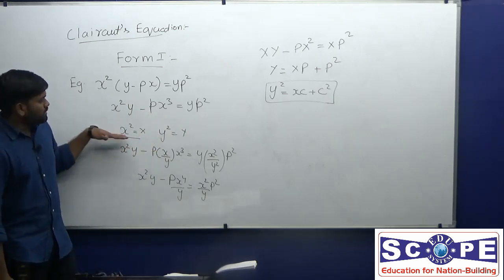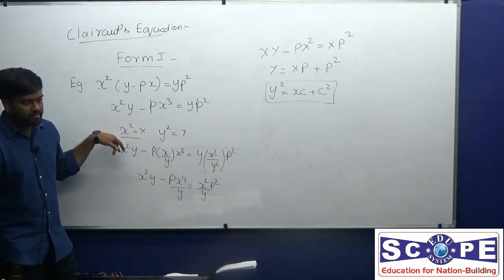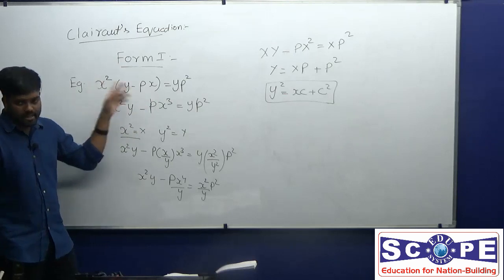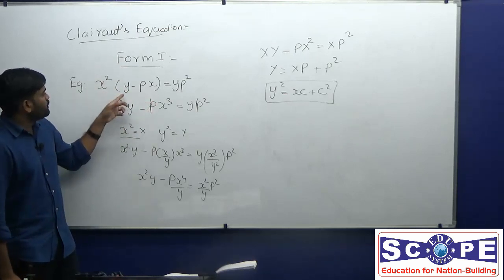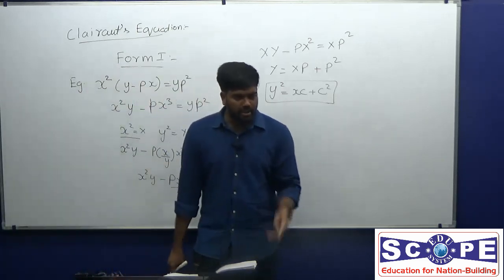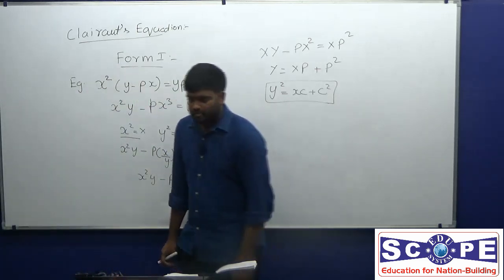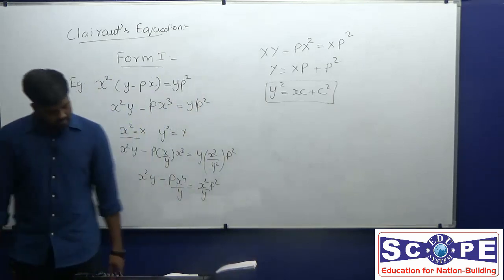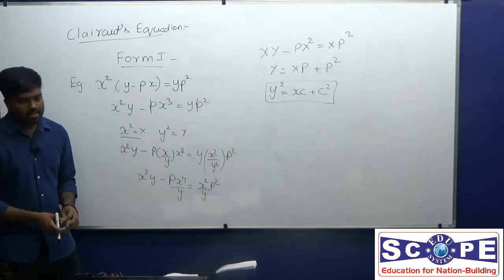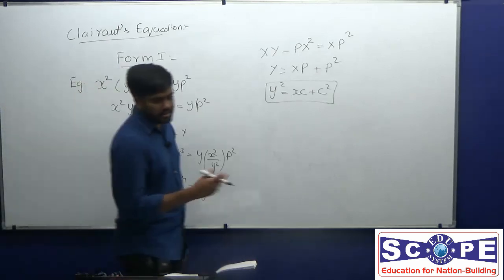But in most of the cases we will get by x square and y square. If you think that this equation we can get in this form, x square into, the main method is y square equal to pxy plus f of px by y. And in equation, if you get to see some e power terms, we will see another method also.